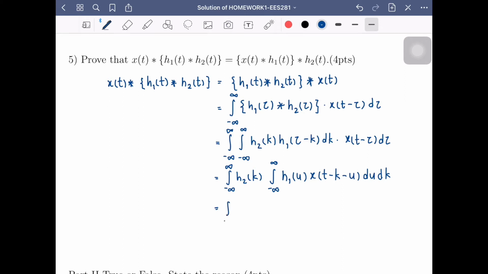Then we get something like this: h2(k) the same, and this one becomes h1(t minus k) times x(t minus k) dk.